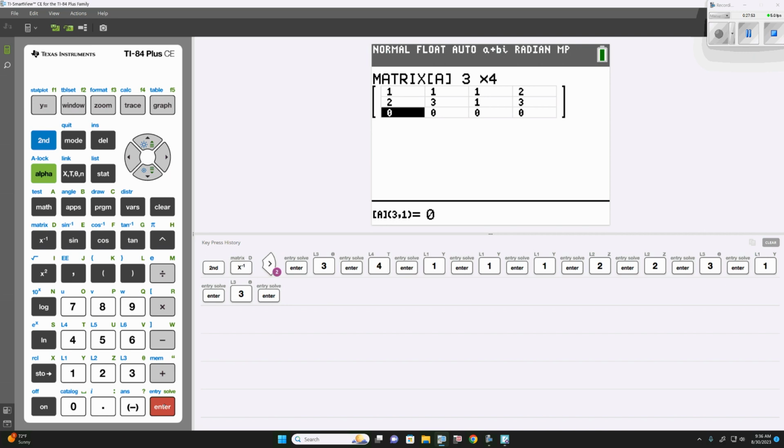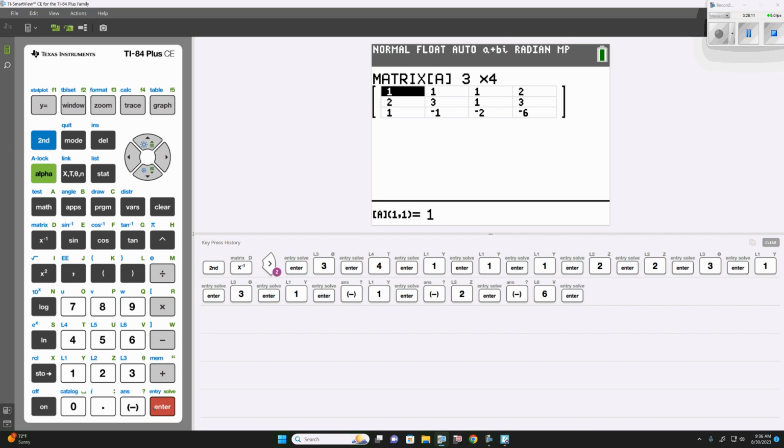It's just sitting off to the side. All right, do the second row: 2, 3, 1, 3. And if you get both of those, 1, negative 1, negative 2. We're typing the whole thing in. We want that entire augmented matrix typed in.